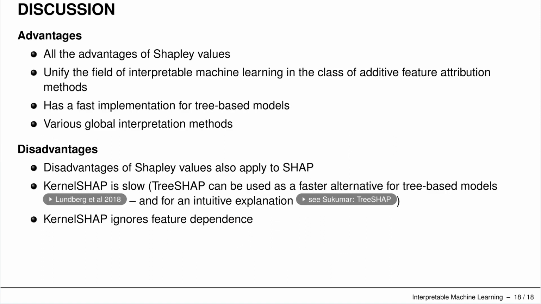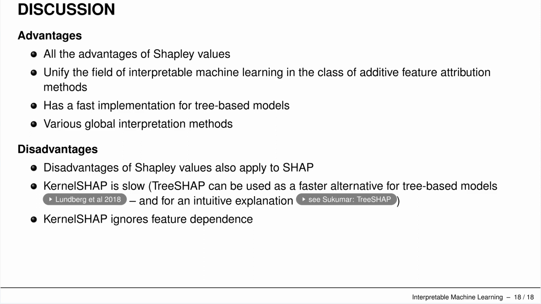So SHAP values have all the advantages of Shapley values. They also have the nice theoretical foundation, and they are quite easy to interpret for single observations. They unify the field of interpretable machine learning, the class of additive feature attribution methods.